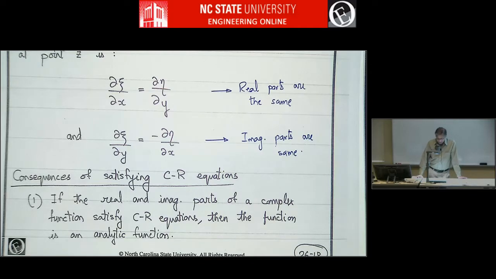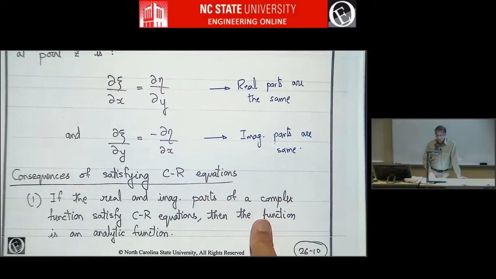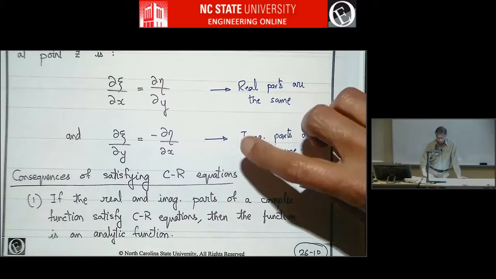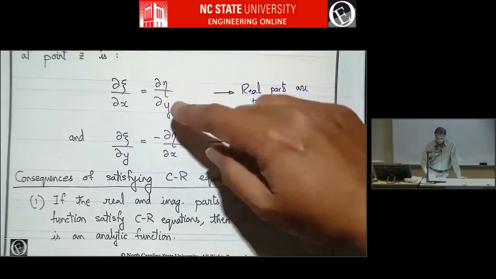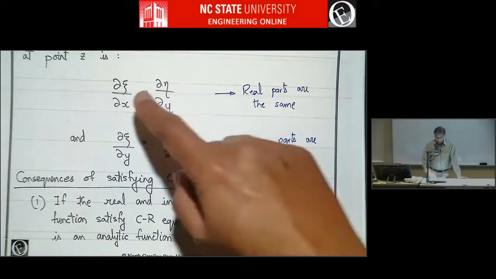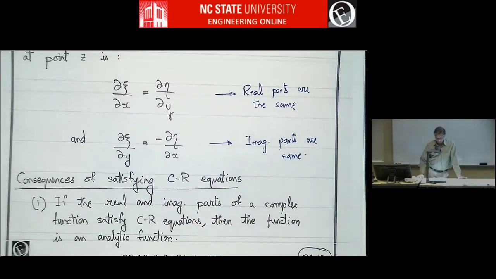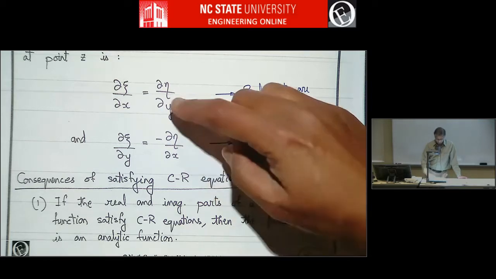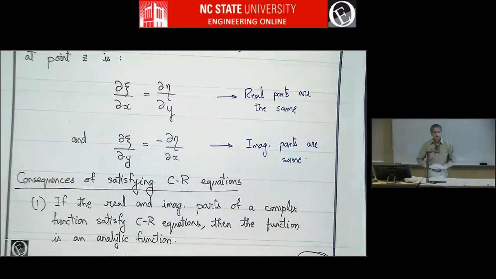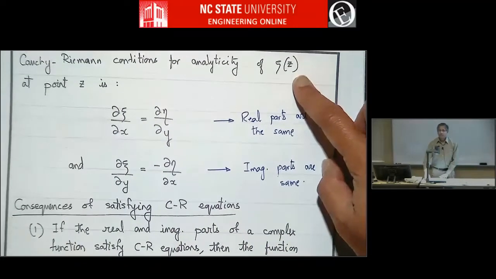If the real and imaginary parts of a complex function satisfy the Cauchy-Riemann equations, which is this and this, then the function is an analytic function. These are all some rules and consequences. Once you satisfy these, you can say zeta of z is an analytic function.